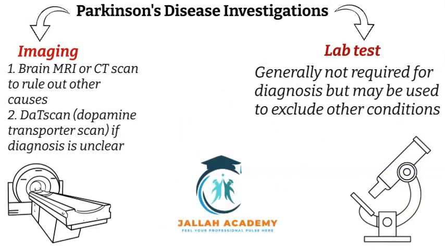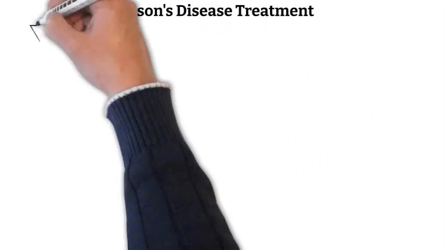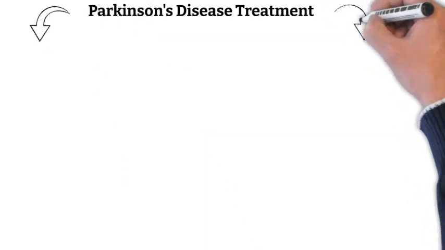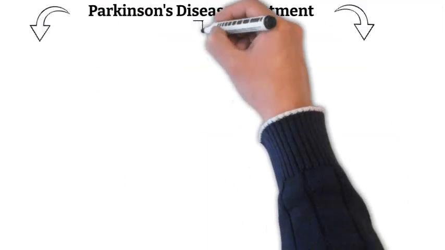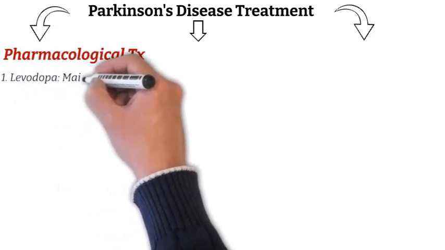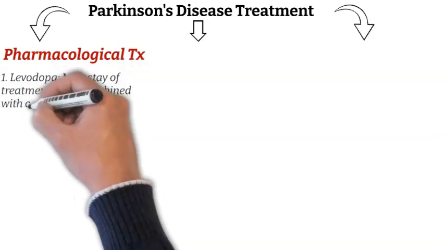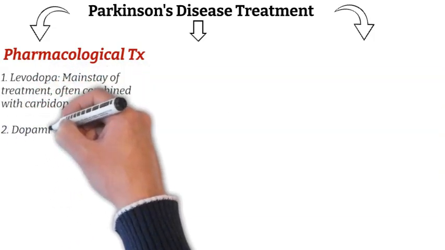Let's move on to Parkinson's disease treatment. For the treatment, I would like to divide it into three parts. First one is pharmacological treatment. Levodopa is the mainstay of treatment, usually combined with carbidopa.